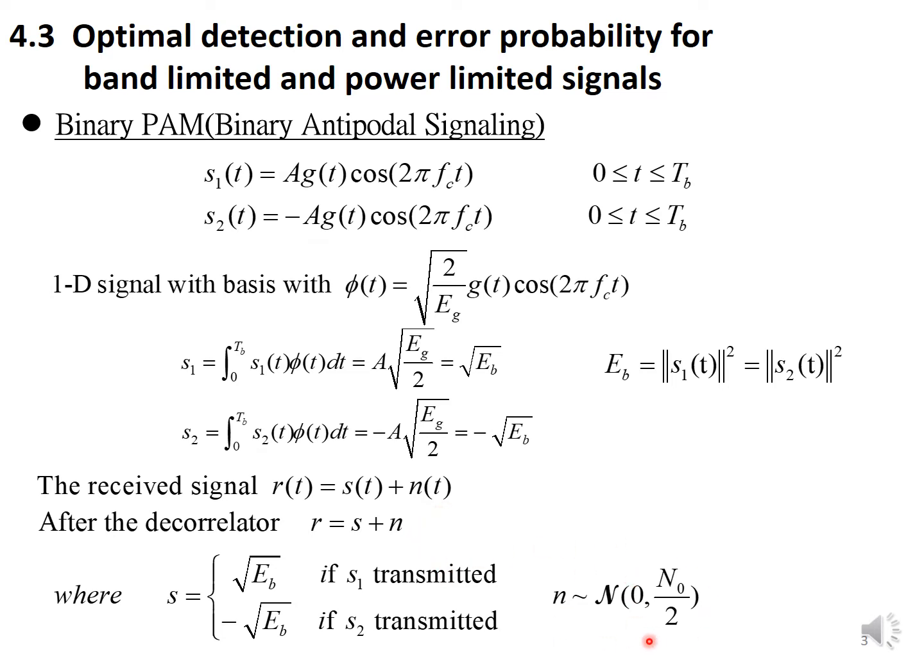It's a Gaussian distribution, so it is possible that this noise n changes the sign of the transmitted signal. So based on the value of r, we need to make the optimal detection whether this s is s1 or s2.